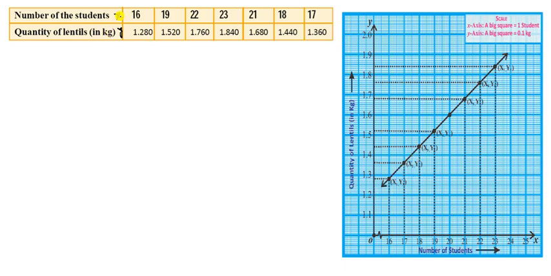So you can see 16, so 1.28. You can see here it is 16 and it is 1.28, and similarly on 17. So you can see here it is 17, and this point is how much?